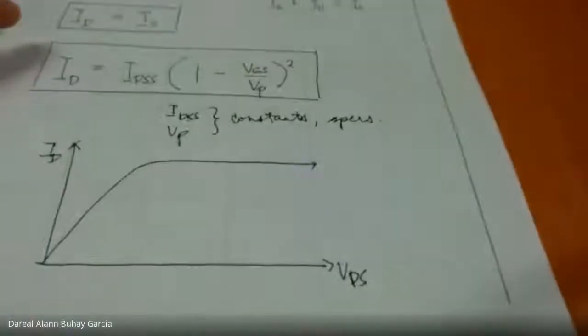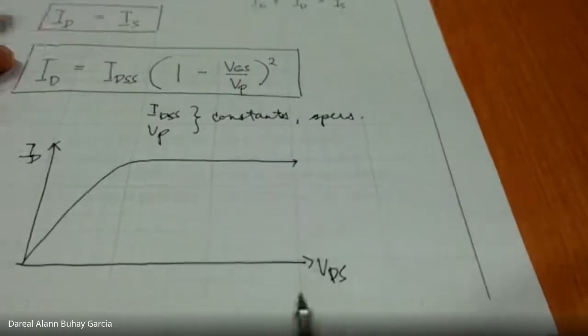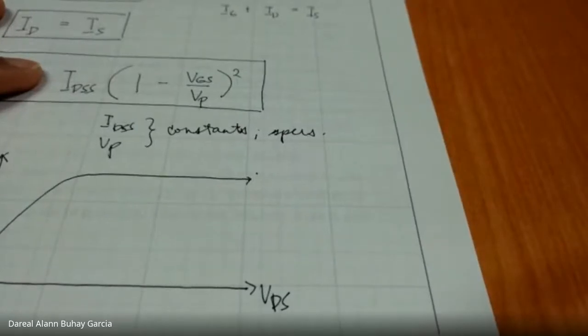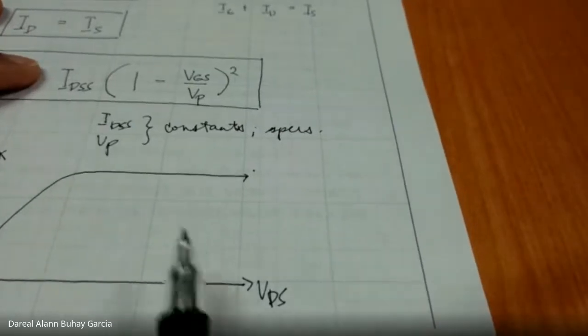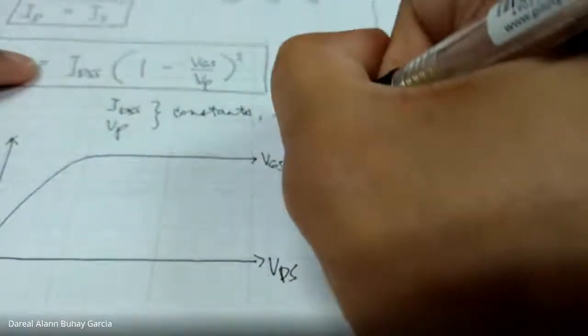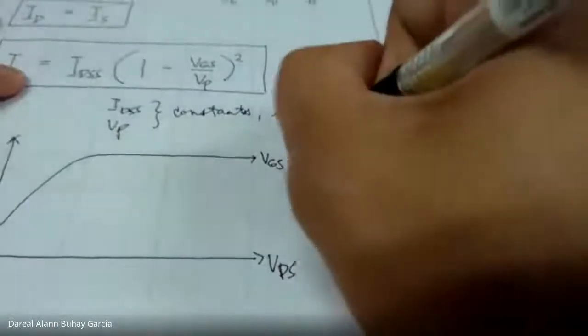This is the graph at this level, or when VGS is equal to 0. VGS can't be seen on the graph, so this is a graph of VDS and ID for VGS equal to 0.